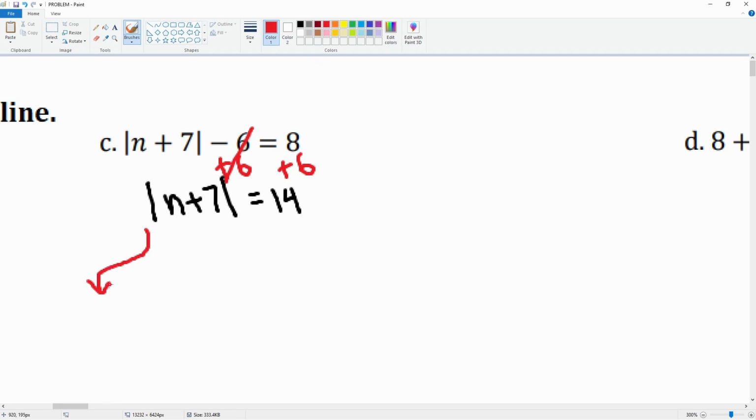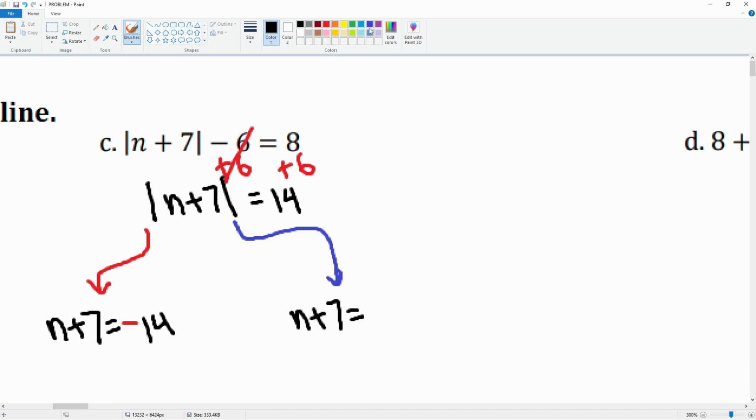The negative part is n plus 7 is equal to negative 14. Then the positive part is n plus 7 is equal to positive 14.